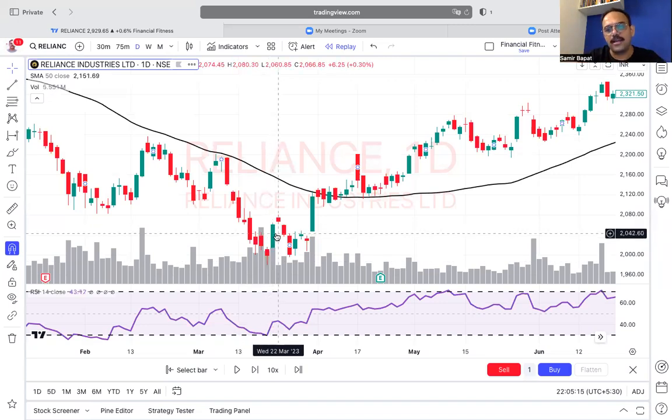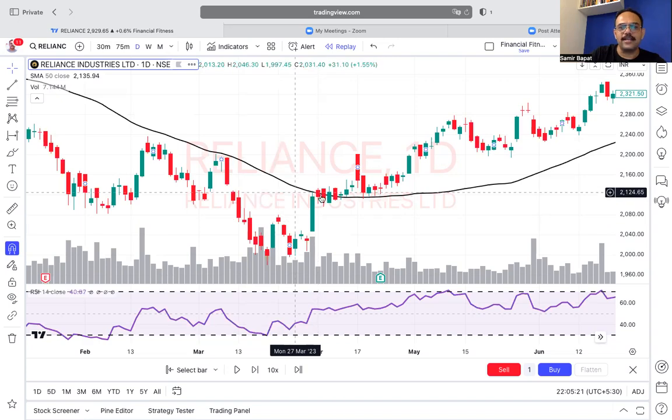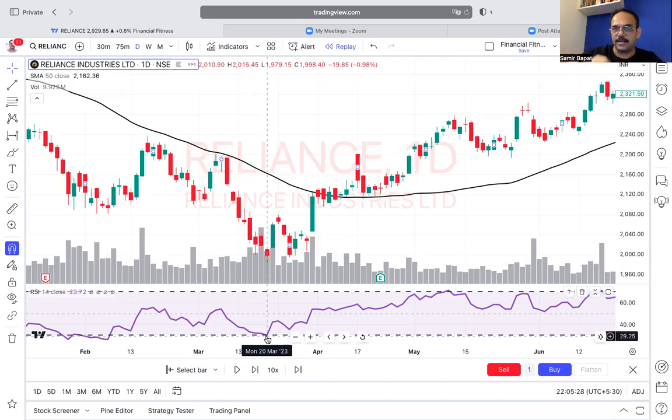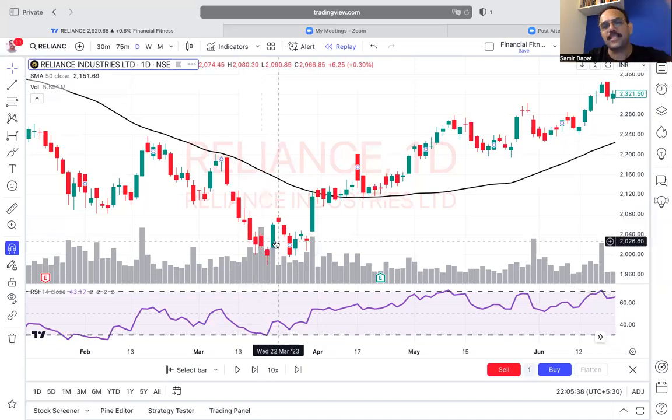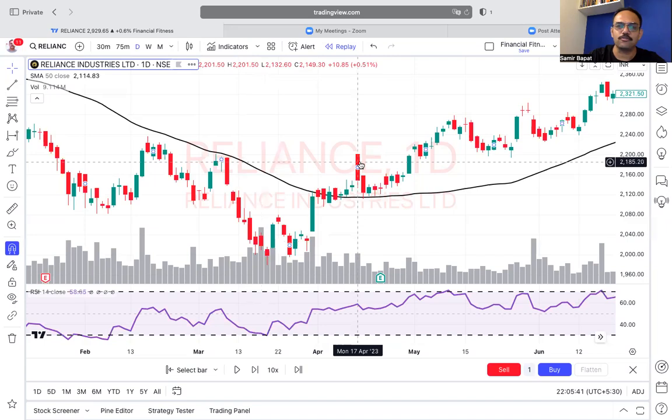So you can take the trade here as well. Instead of taking a trade here, you can use the reversal patterns, but once it goes below 30 RSI, then we take the reversal pattern with our volume, what we have understood, and then we take the aggressive trade, and then it goes.